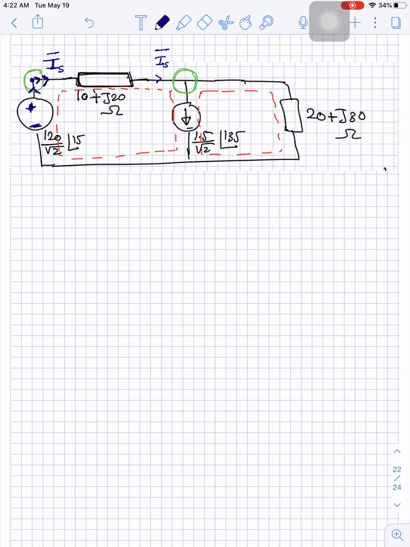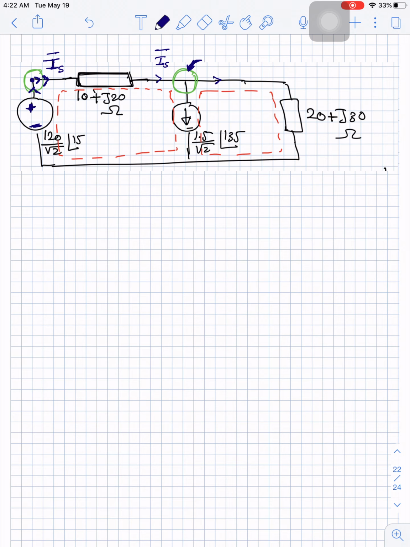Now instead of naming another current here as, say, I2, then we have two unknowns, I source is unknown and this I2 is unknown, but these two currents are related by the equation of this node, so let's apply KCL. That's why when we said the steps to solve any DC circuit, first assume current direction. While you are assuming current direction, apply KCL, and after you finish this, you will apply KVL.